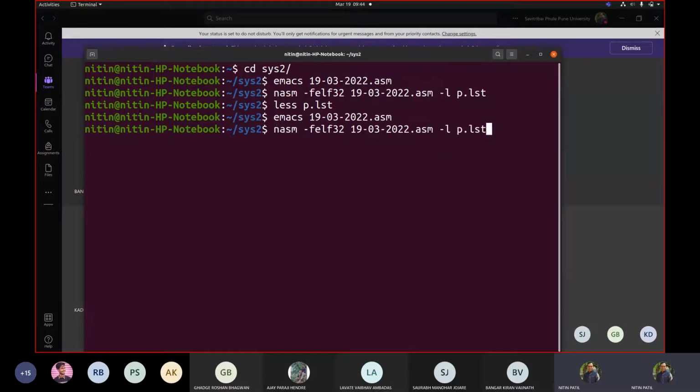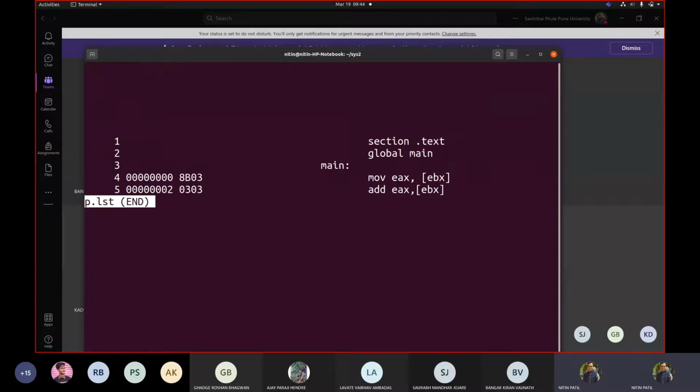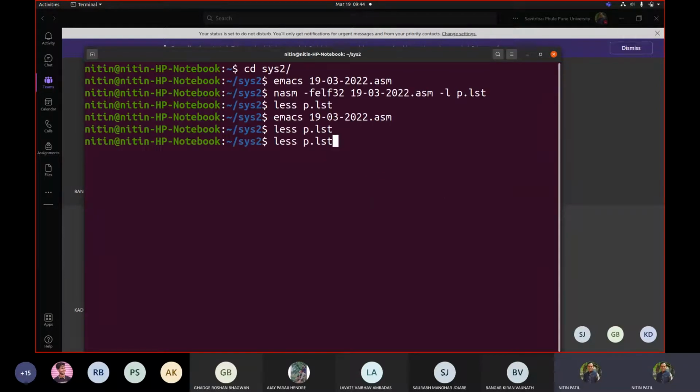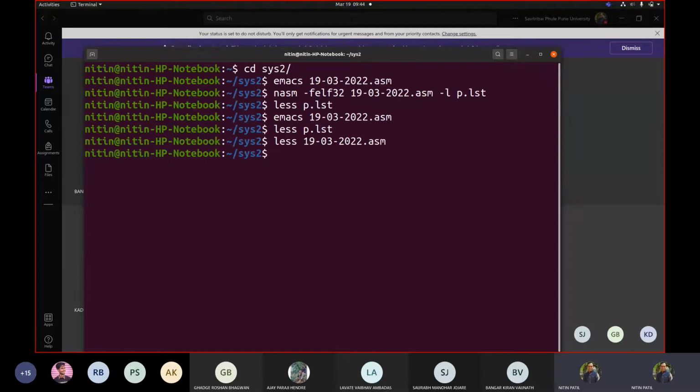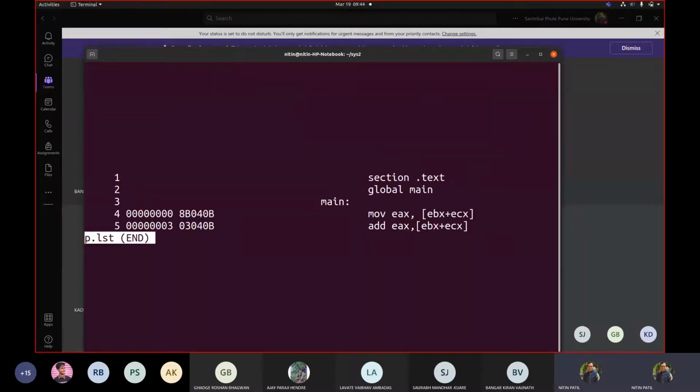Now when I took only EBX, this was my mod RM. This was my mod RM, correct? Now when I made that change in my code by adding one more register there, let us see what happens. Now you will see one more byte is added.